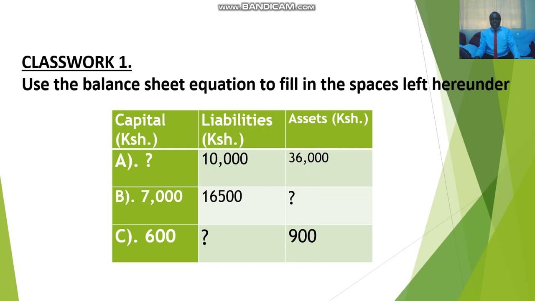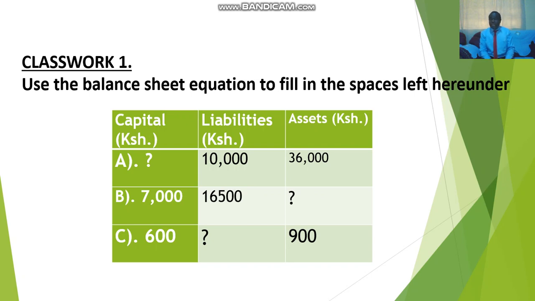Liabilities are 10,000 shillings, and assets 36,000 shillings. In scenario B, we have capital 7,000, liabilities 16,500. You are required to find assets. In scenario C, we have capital 6,000, assets 900. So you are required to find liabilities.